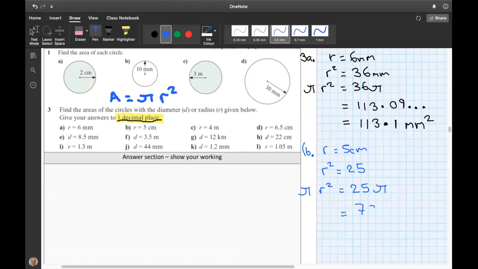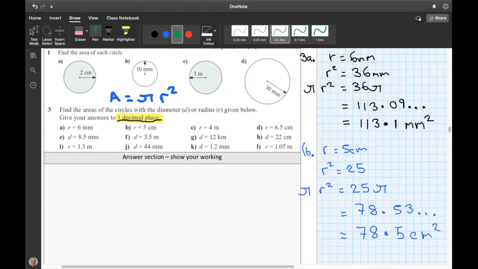That's going to be 78.53 dot, dot, dot. And it's a good idea to show the numerical value that it continues with a dot, dot, dot, because you might get some method marks even if you make a mistake with your final bit of rounding. This is going to be 78.5 centimeters squared.